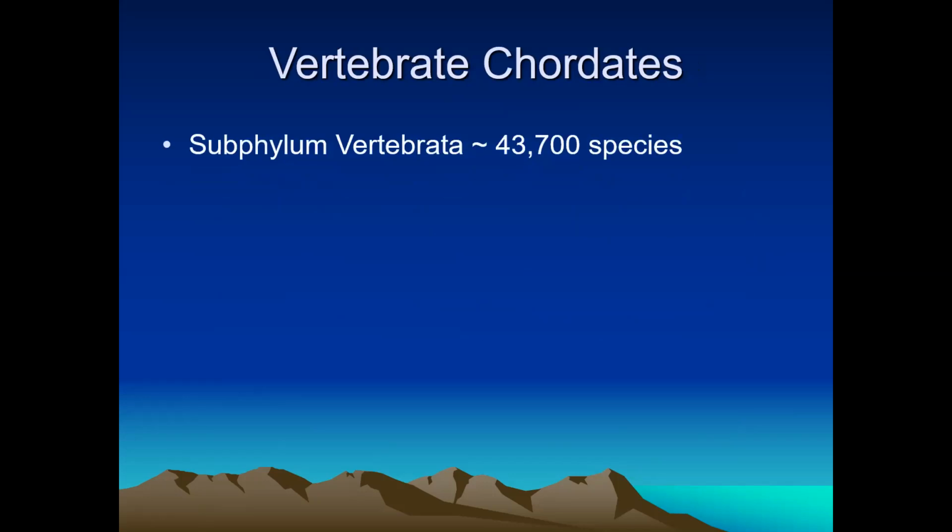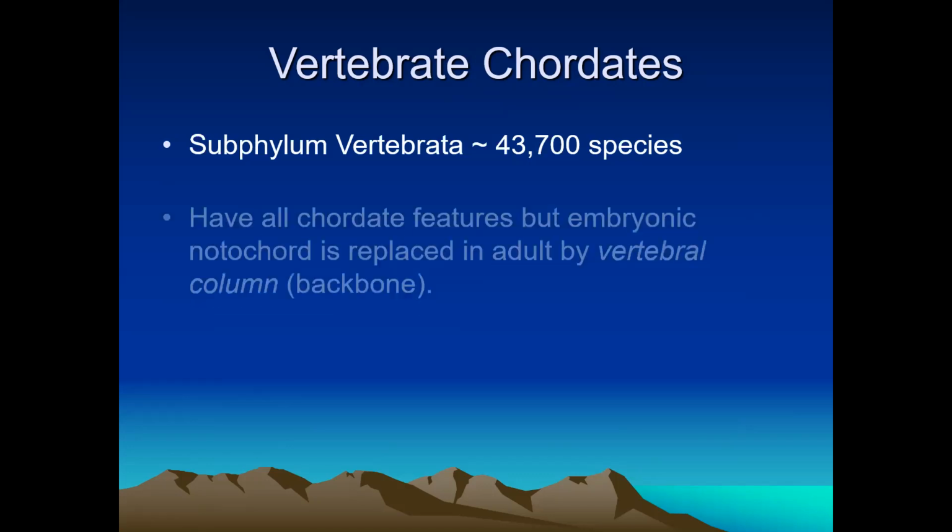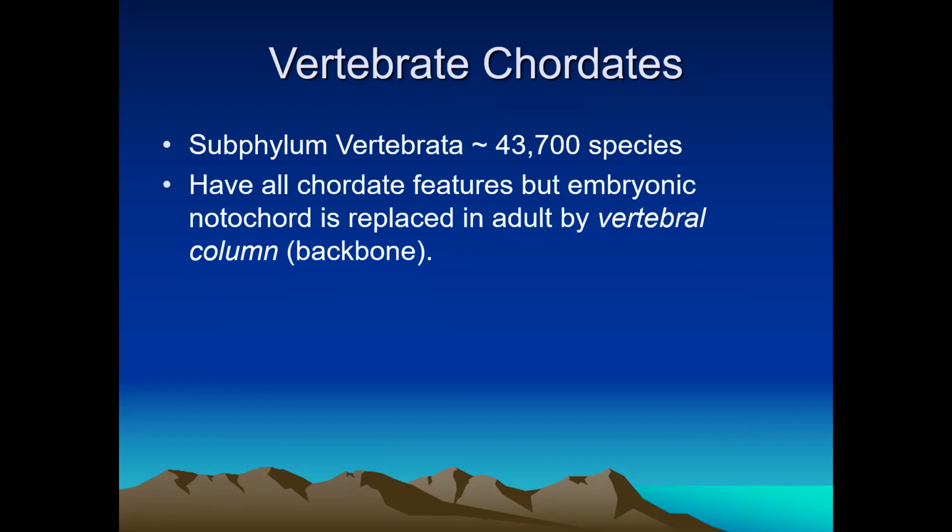And that's a subphylum. Invertebrata is a subphylum. This is our vertebrate chordates. These are going to have backbones, or vertebrae, and that's a subphylum of phylum Chordata. So two subphyla. These are all going to have the chordate features, but as stated previously, the notochord is replaced by a backbone, a vertebral column.